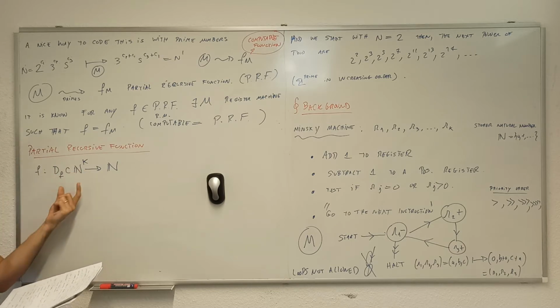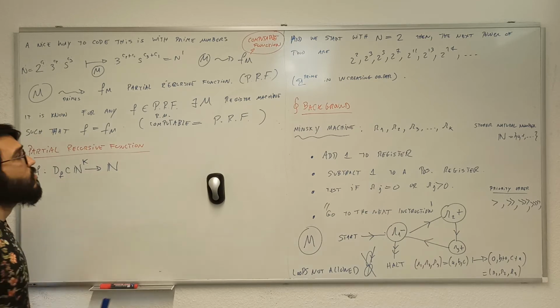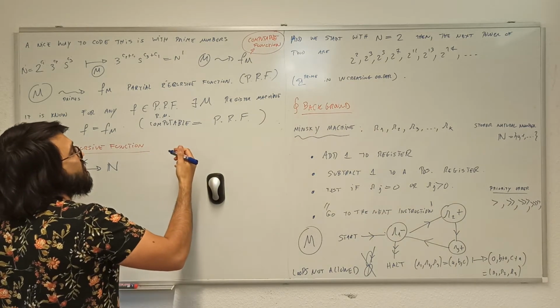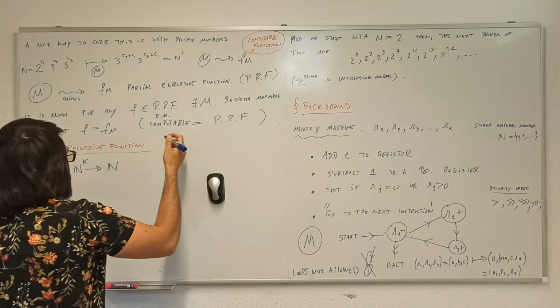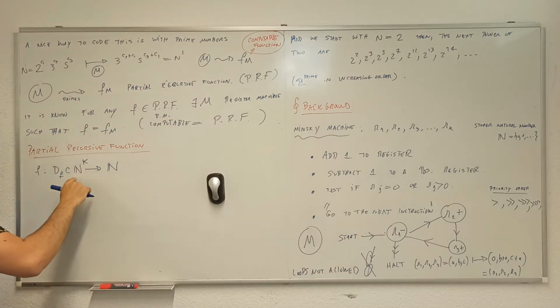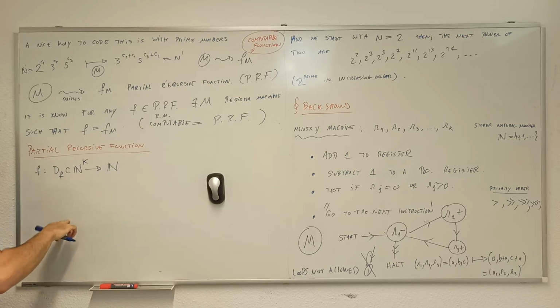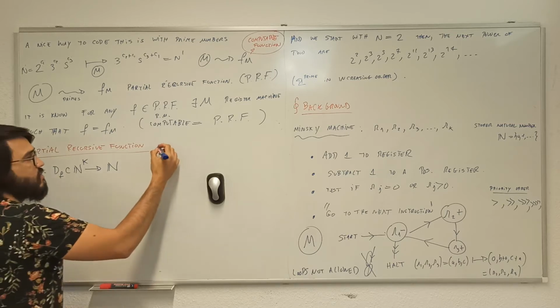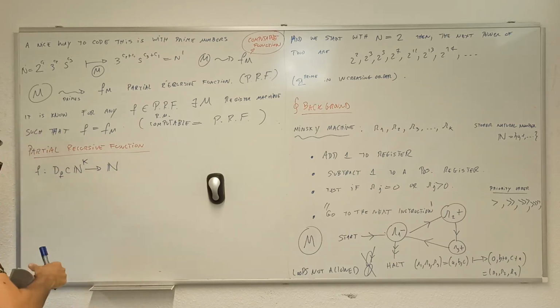But I should say one variable here, because you can use the same trick with primes to map this into the integers.